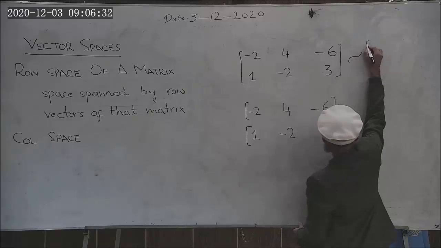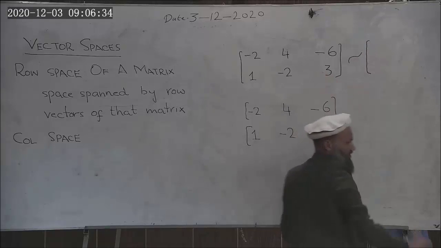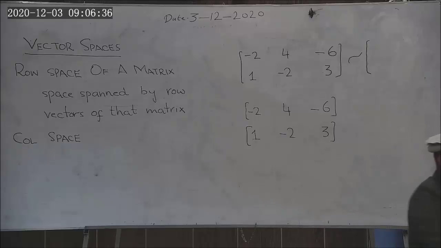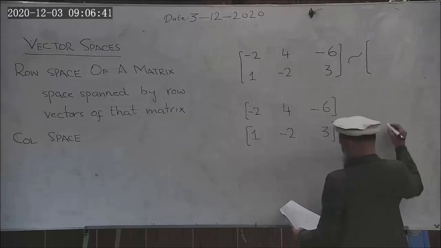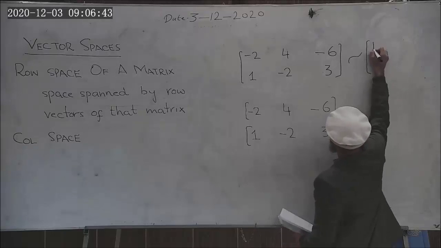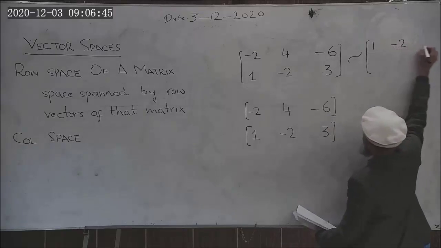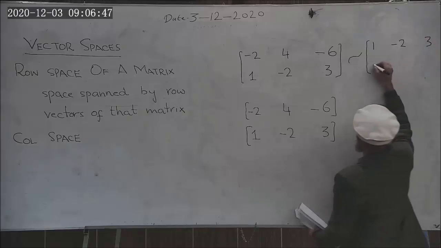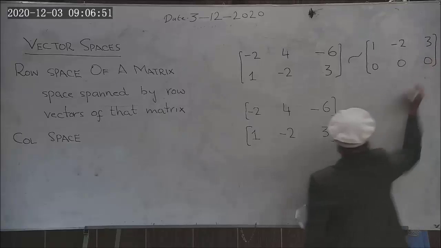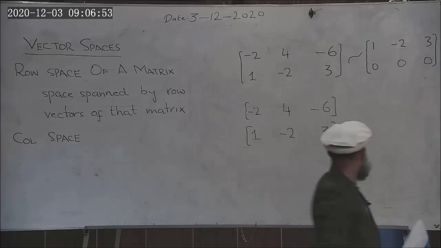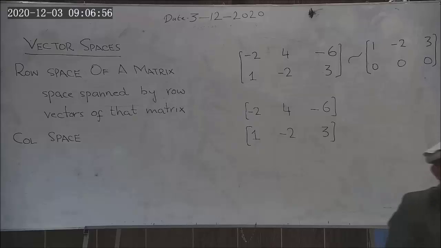We can observe it by reducing this matrix into echelon form, and if we reduce it into echelon form, we have 1, -2, and 3, and 0, 0, 0. Here is the echelon form, and from the echelon form we can see that these two vectors are not linearly independent.